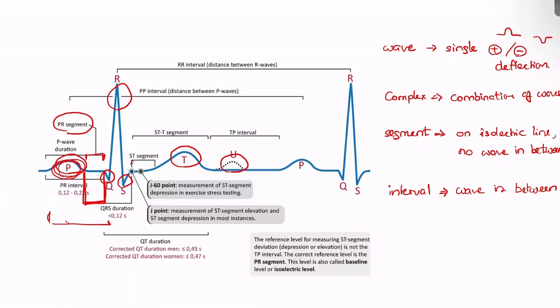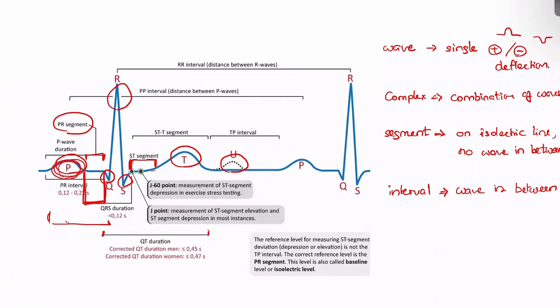For the ST segment, it is from the end of S to the start of T, no wave in between. For the QT interval, it is from the start of Q to the end of T, therefore the QRS and T wave are in between.